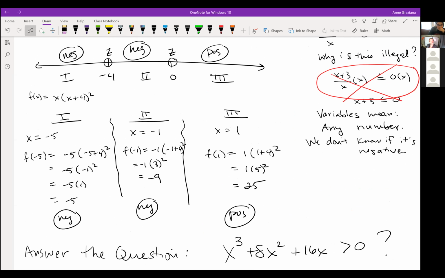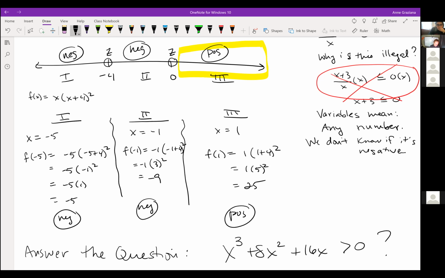Zero. X has to be greater than 1. Why zero to -1? Which part of my sign chart is positive or greater than 0? 0 to infinity. Yeah, right here.